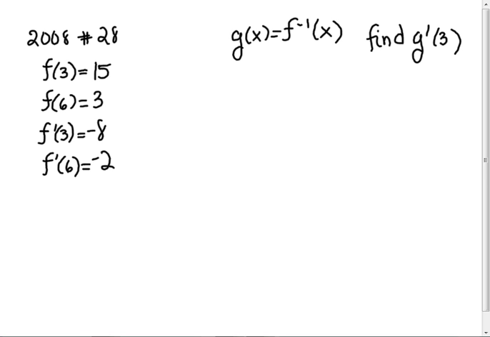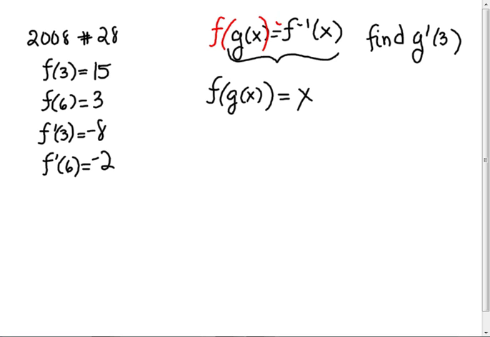So on the exam, you see that inverse, and you're going to say, if these are inverses, then f of g of x equals x. Take f of this function. What does f of f inverse do? It makes it back to x. It undoes it. So now I can see it a little bit better.